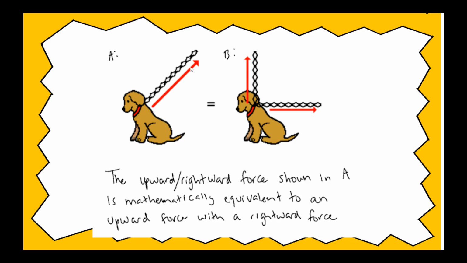So this vector, represented by the red arrow, that would be a force vector, is mathematically equivalent to the sum of these 2 force vectors. And that's useful because we are going to be solving kinematics problems where we need to be resolving a 2-dimensional vector into its x and y components in order to be able to properly analyze it.